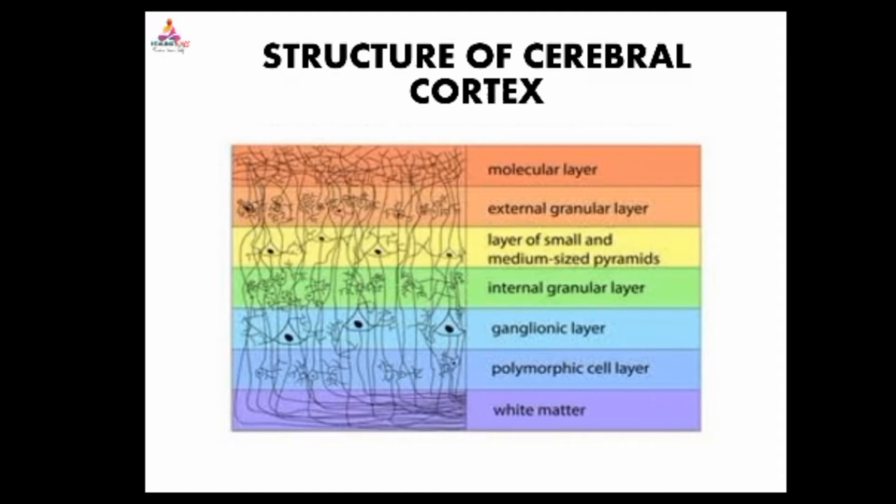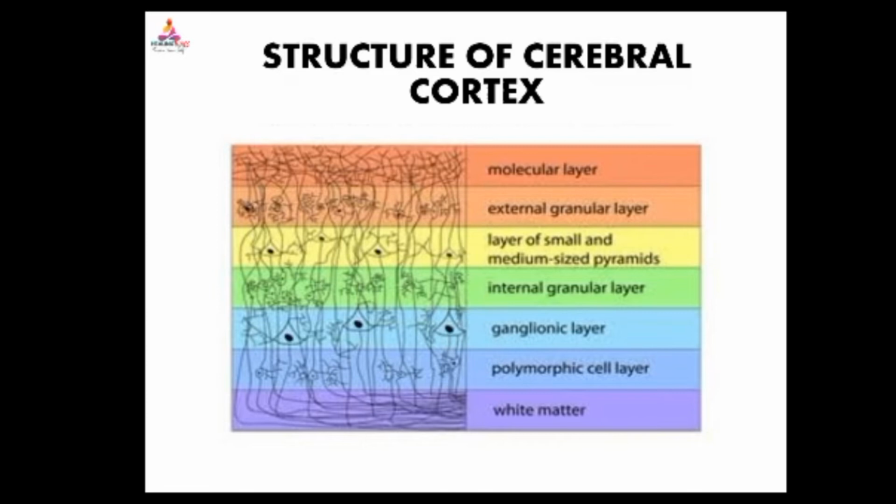Next is the structure of the cerebral cortex. The cerebral cortex mainly consists of nerve cells, synapses, and neuroglia. The human cerebral cortex contains enormous numbers, about 14,000 million neurons.